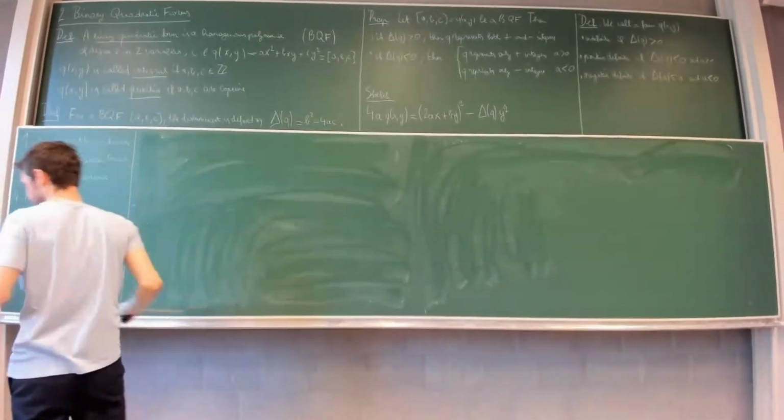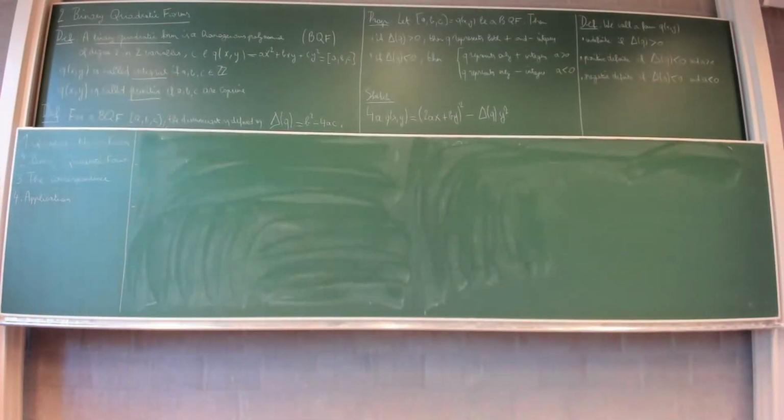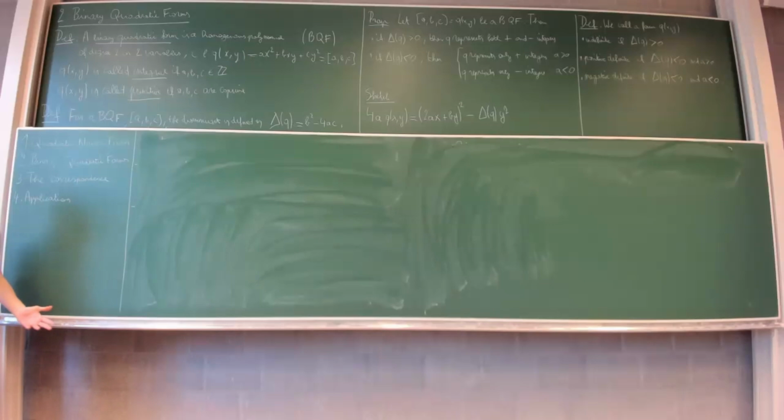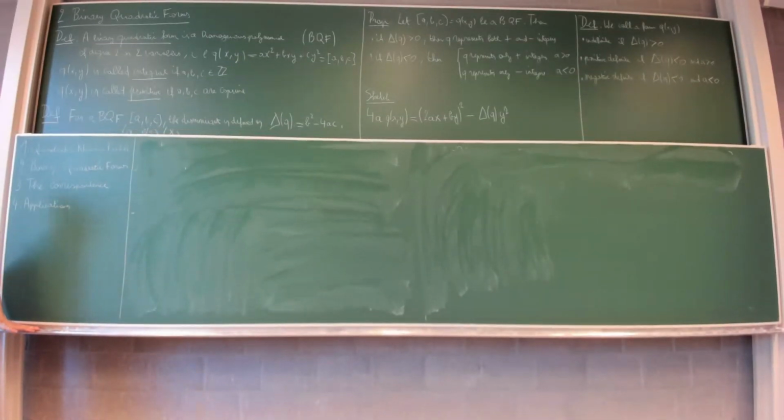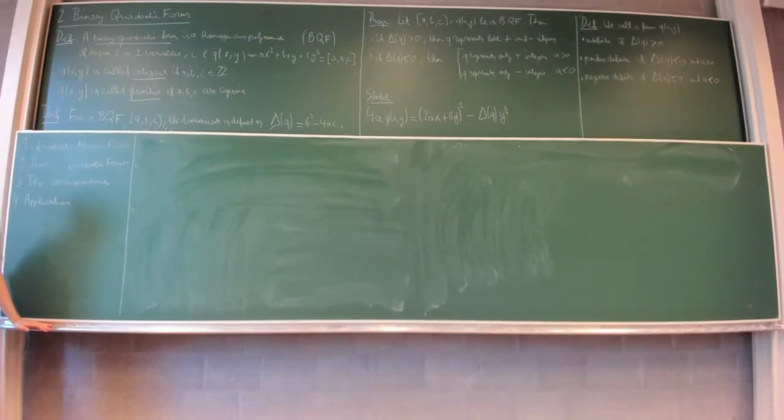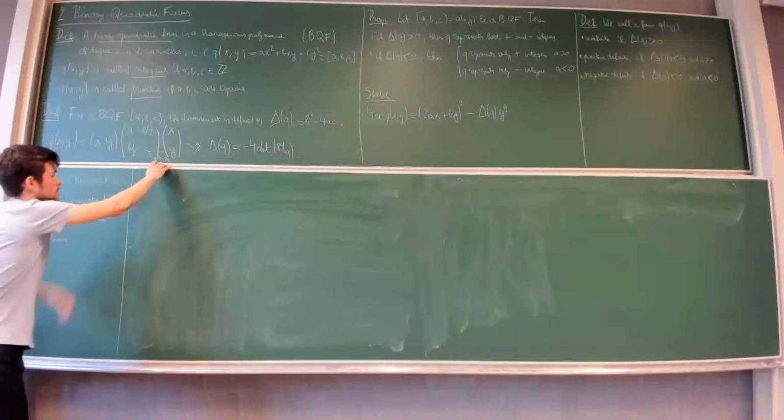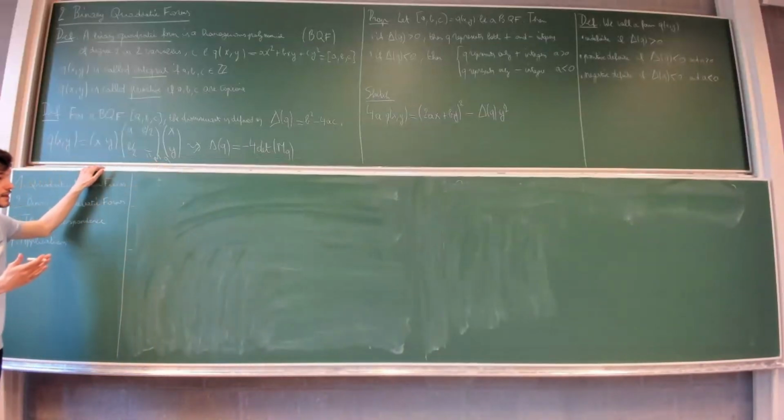Okay, now the next step in getting to the correspondence is imposing an equivalence relation on these forms, similar to how we have an equivalence relation on the ideals of our class group. So what we do is we want some equivalence relation which preserves the discriminant of our form.